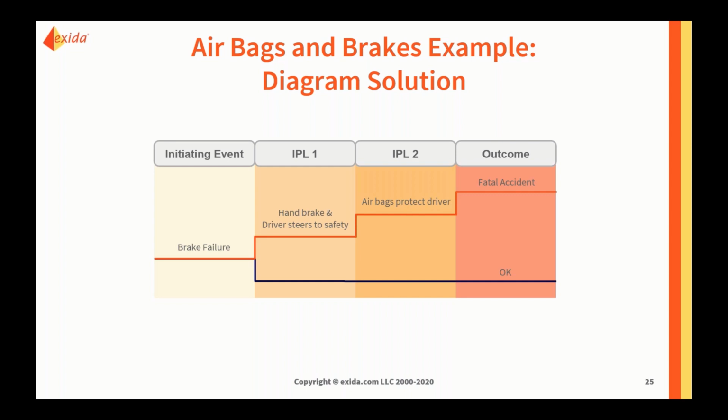So since we have the driver action common to all of these methods of avoiding the accident, that means they are not at all independent and need to be grouped as a single combined independent protection layer, as we've labeled one here. Then, as we said earlier, if that fails, the car is going to crash, and we hope that the airbags protect the driver to reduce the frequency of the fatal accident outcome.